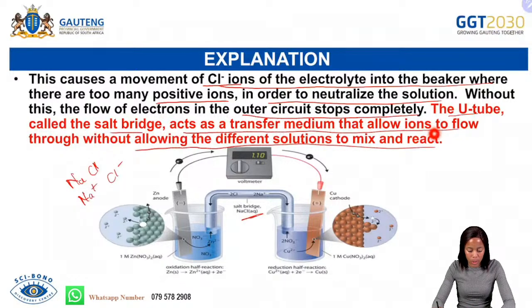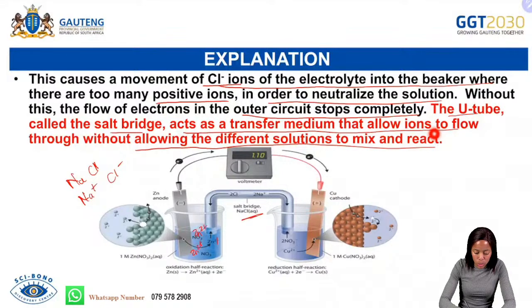-1 there. Okay, so we are saying that on this side, there's going to be a build-up of the Zn2+, and then this side there's going to be a small number of the what? Of the Cu2+. It then says here, this causes the movement of the chloride ions of the electrolyte into the beaker where there are too many positive ions.